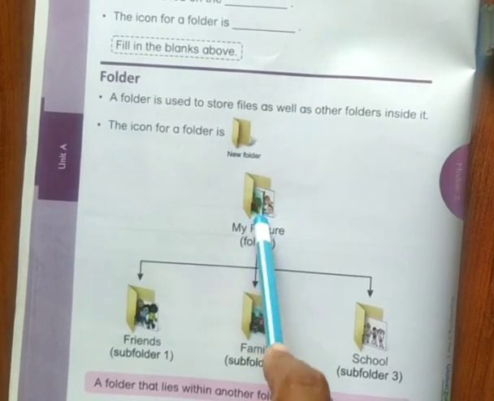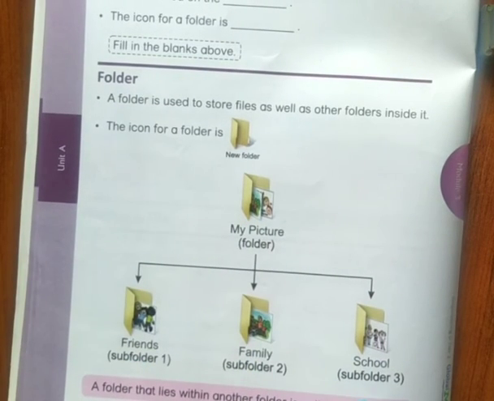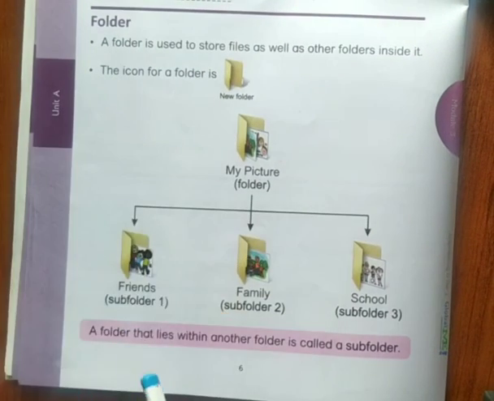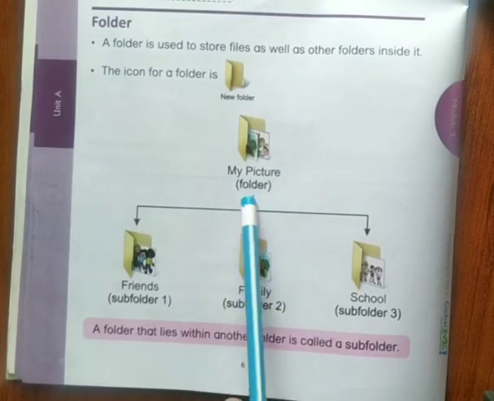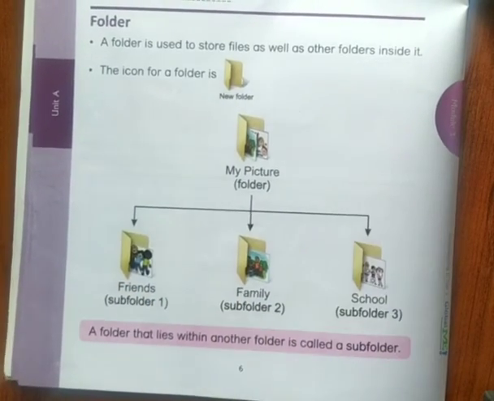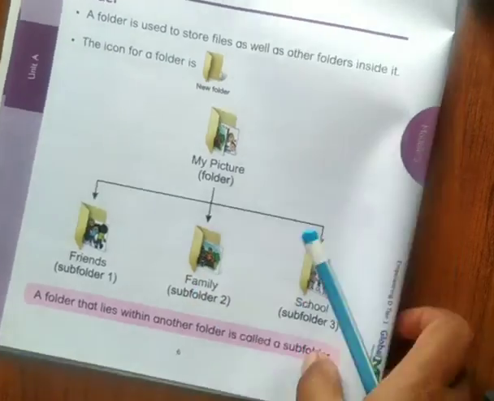Under My Pictures there are subfolders, isn't it right? In these subfolders there are other files also. A folder that lies within another folder is called a subfolder. If one folder is inside another folder, that we call a subfolder.